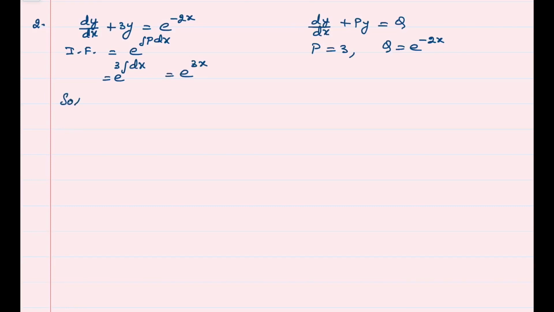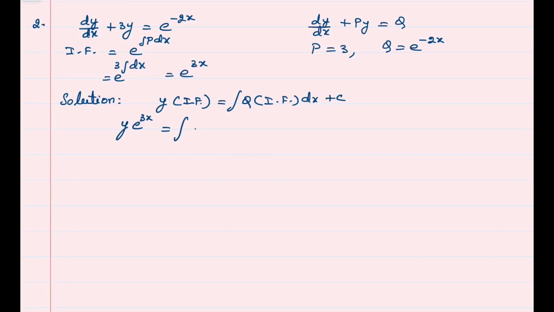Now, let us write the solution formula. Y into integrating factor equal to integral q times integrating factor dx plus c. Y times e raised to 3x equal to integral q is e raised to minus 2x times e power 3x dx plus c.